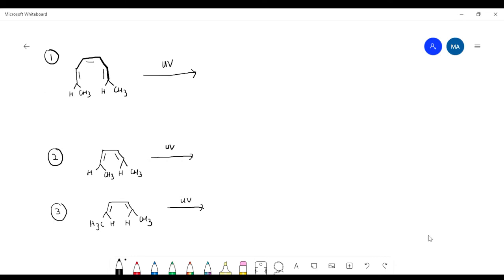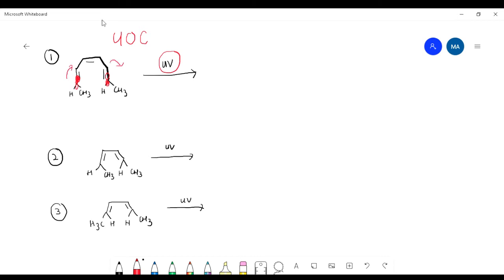Okay, for question number 1, this is UV. We have an odd number of pi bonds, and its rotation is conrotatory. So we draw the p orbitals. If it is conrotatory, the like phases should be opposite to each other, and it's going conrotatory.